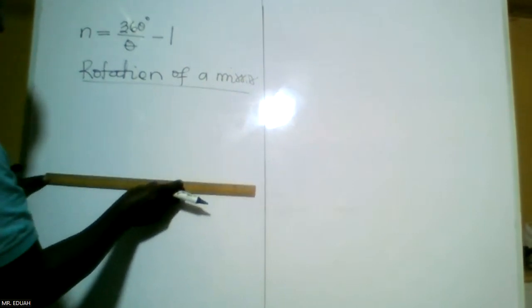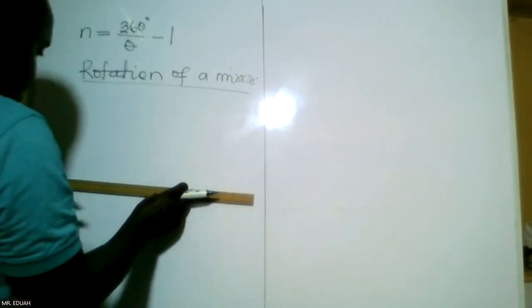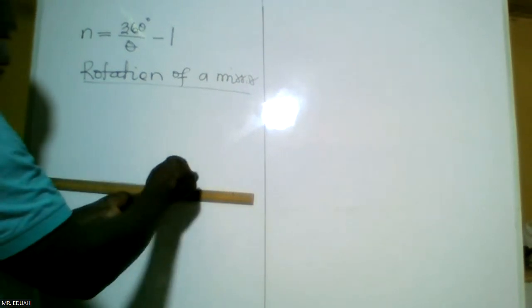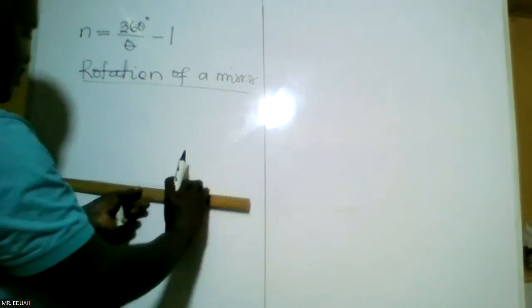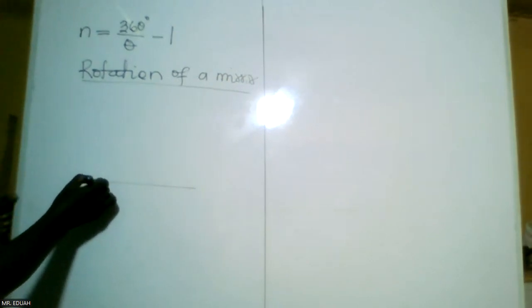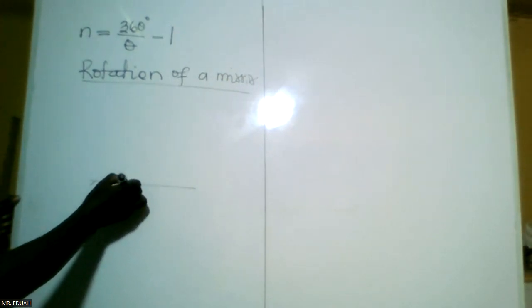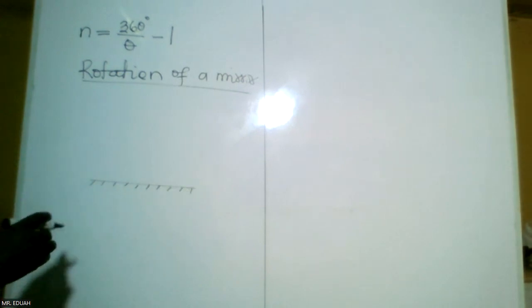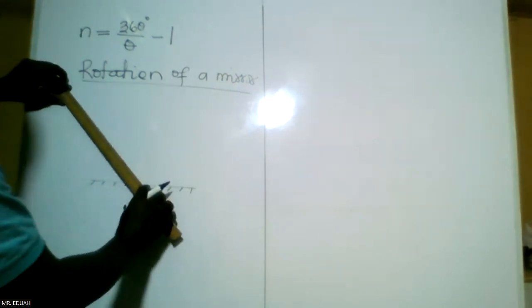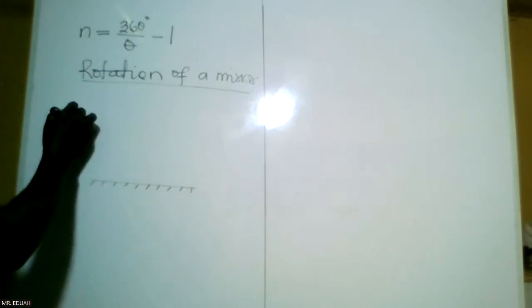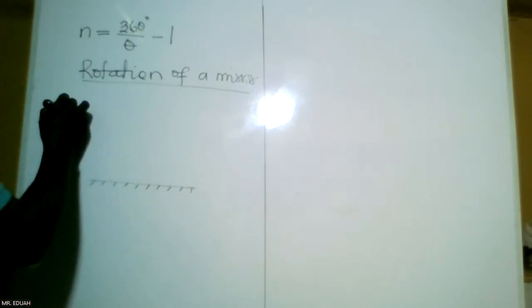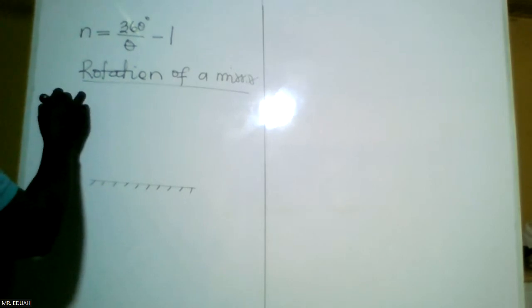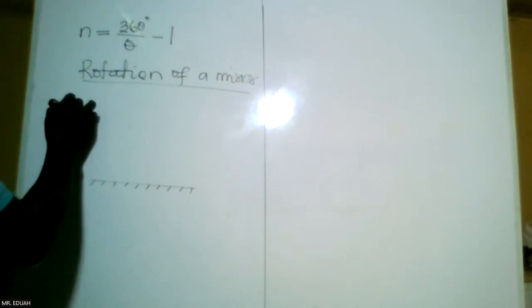so there's a mirror. The source of light is here. So this is the source of light. It can be a bulb or whatever.